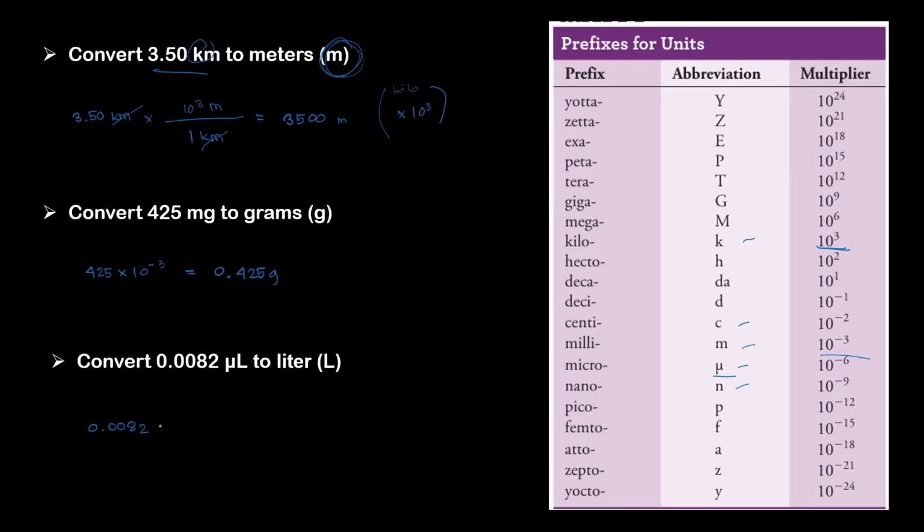So simply multiply it by 10 to the negative 6. 0.0082 times 10 to the negative 6. So this would be 8.2 times 10 to the negative 9 liter. So that is very small. So it's much better to use microliter in reporting instead of this one, 8.2 times 10 to the negative 9 liter.